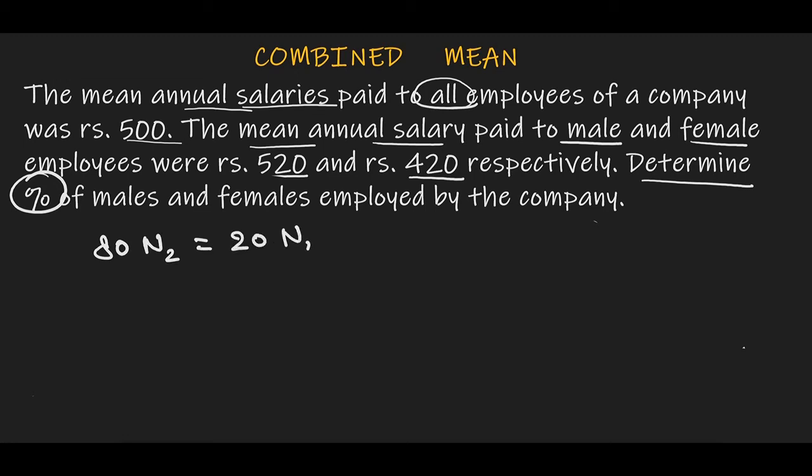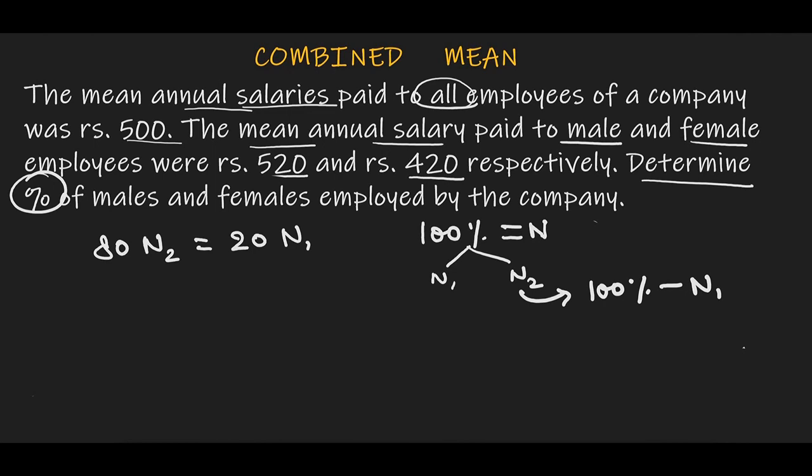Since we have to calculate the percentage of males and females, we must know that the total number of employees will be 100%. So this 100% is split, some will be n1 and some will be n2. So n2 is calculated when we subtract n1 from 100%.